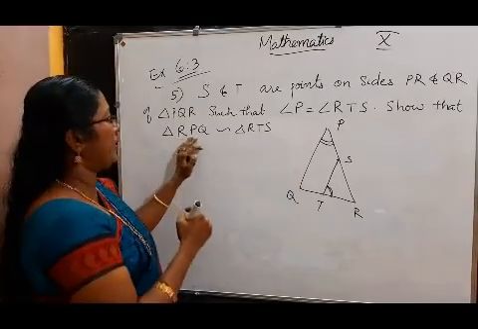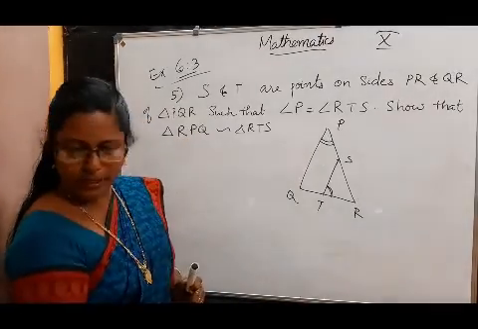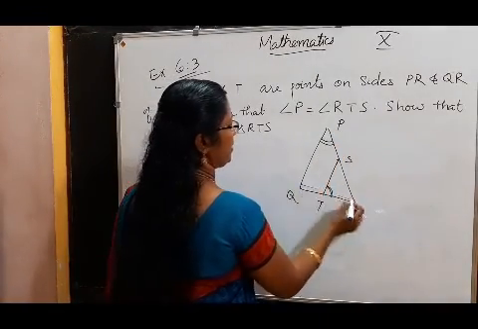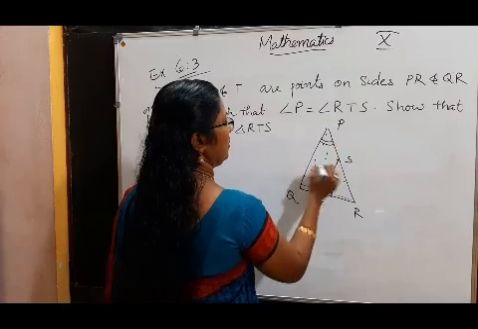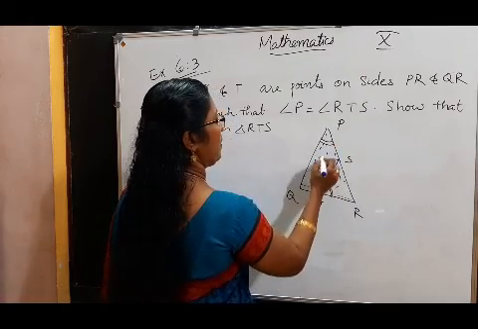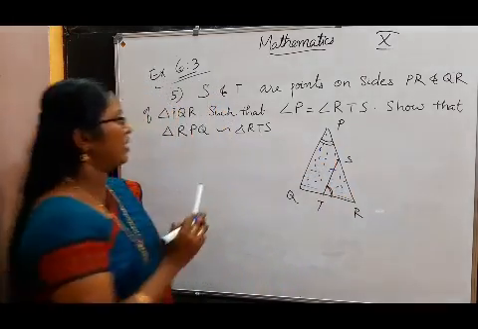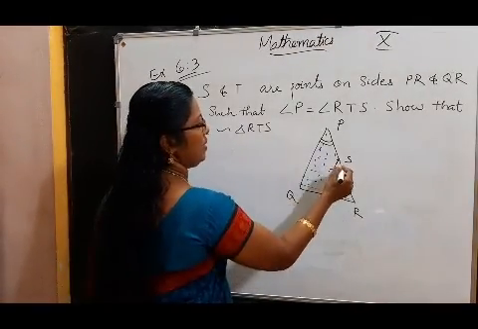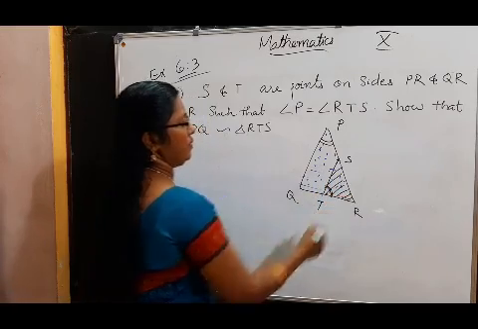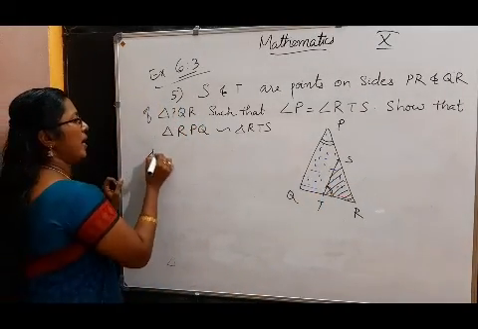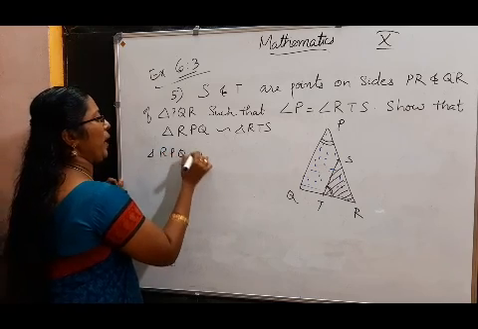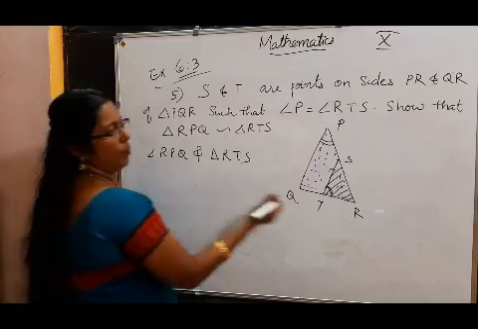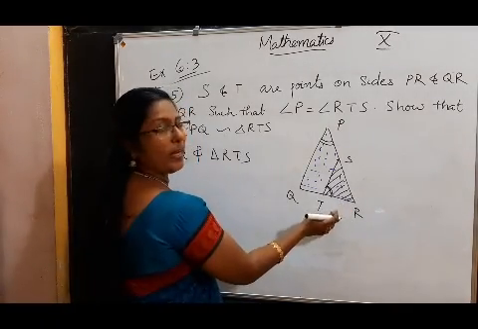RPQ is the larger triangle. RTS is the smaller triangle. Consider triangle RPQ and triangle RTS. In both triangles, R is common, isn't it?